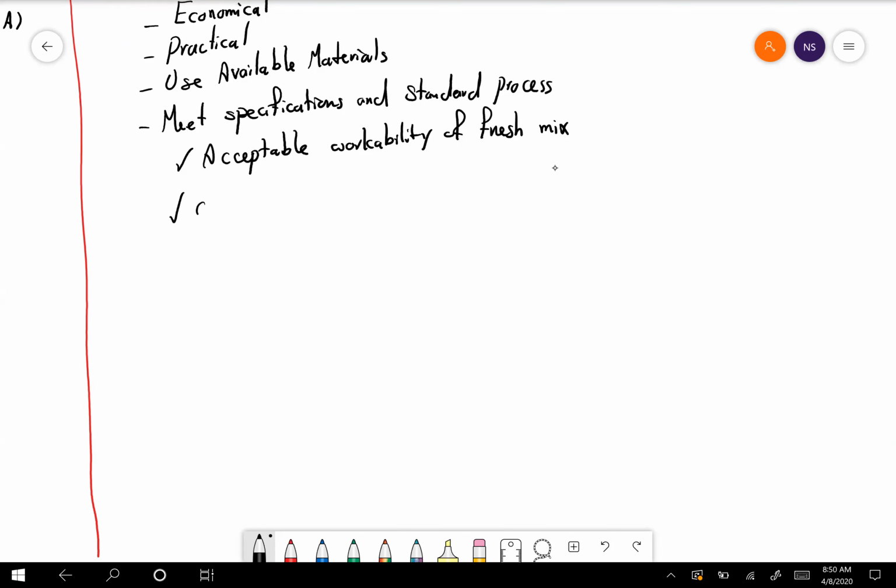Then you need to have quality, which is durability, strength, and appearance.